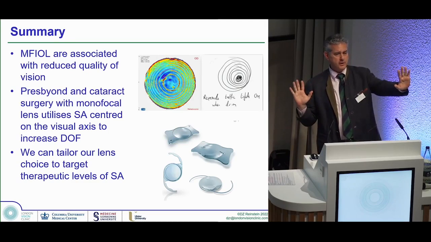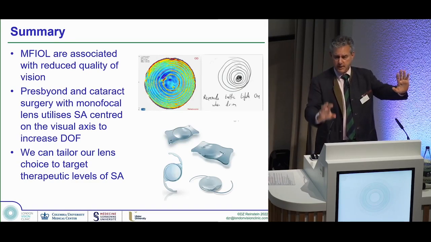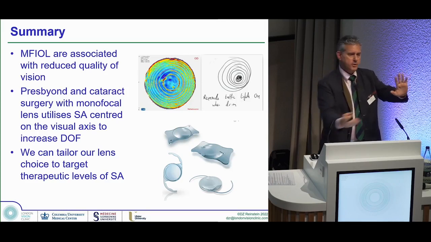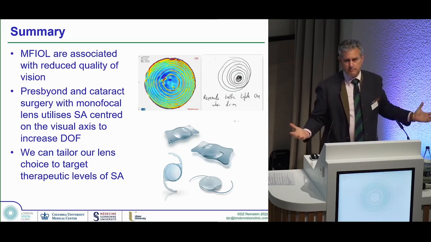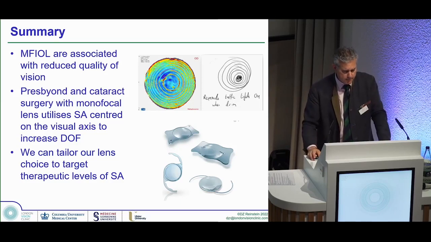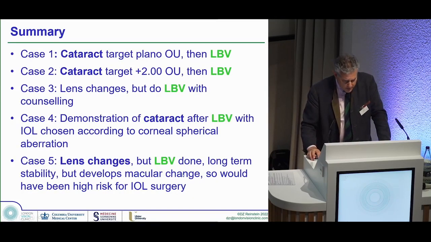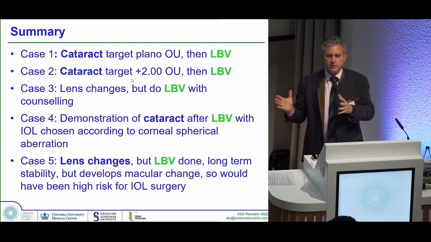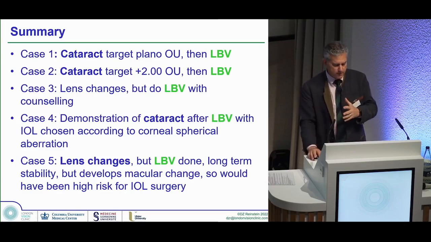What is it on the cornea? Let me see which monofocal lens I can put in, and Bob's your uncle. Then you do your blended vision tolerance testing and all of that. So in summary, these are the 5 scenarios to do with lens and PRESBYOND. Okay.